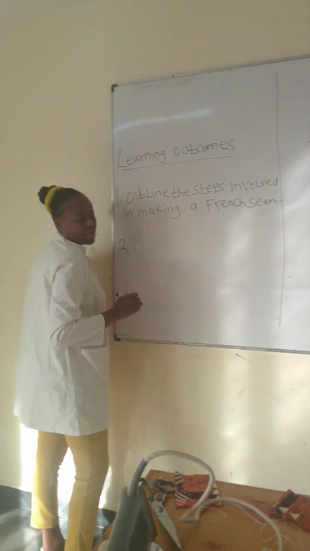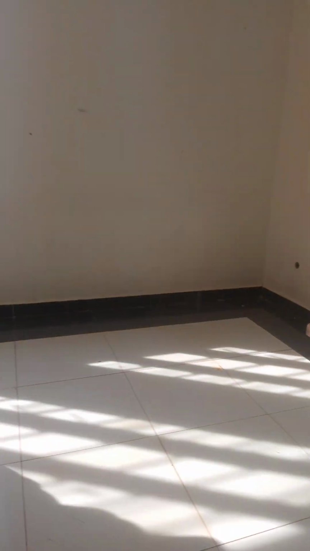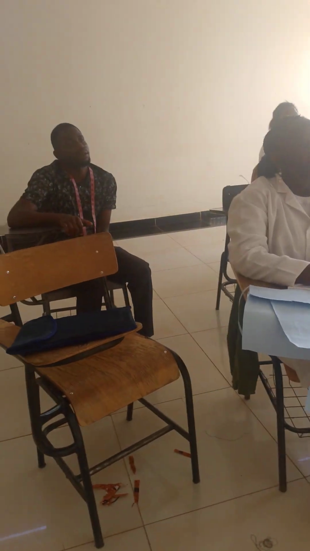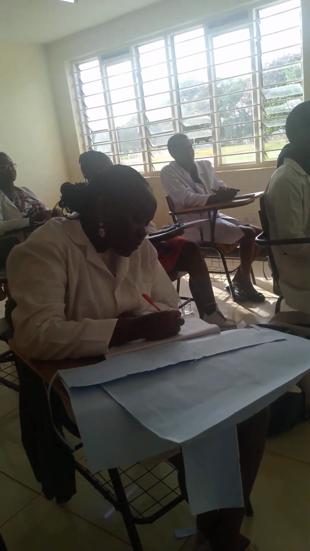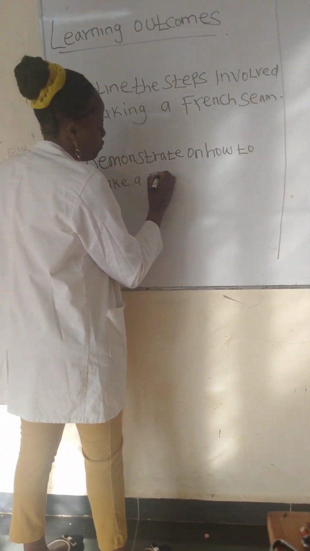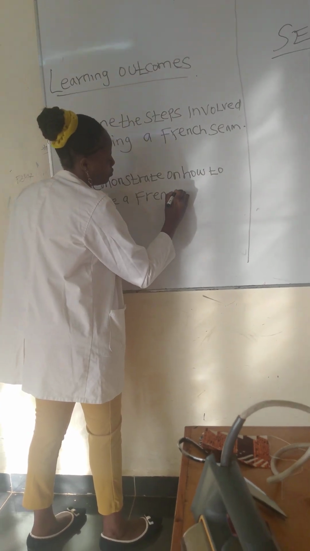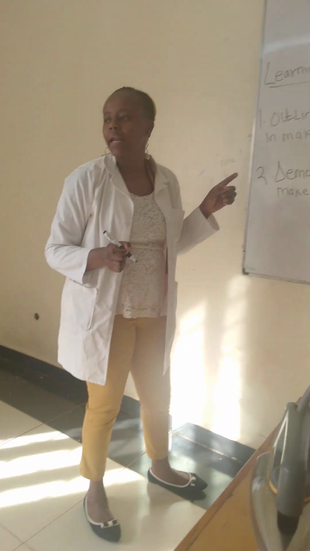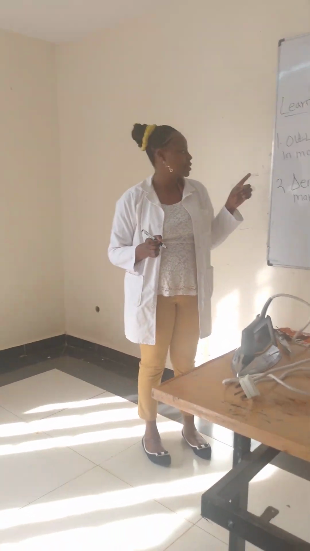And our second learning outcome is you demonstrate on how to make a French seam. These are our learning outcomes for today's session.